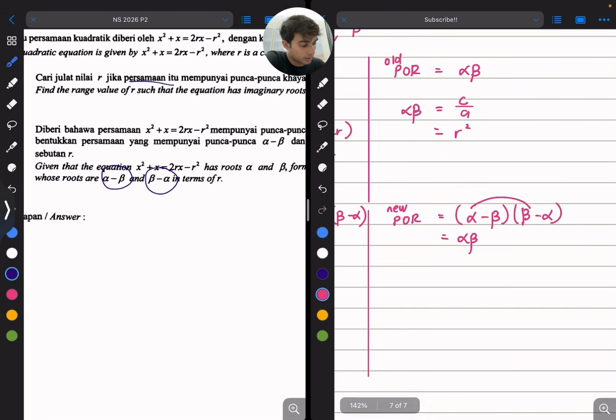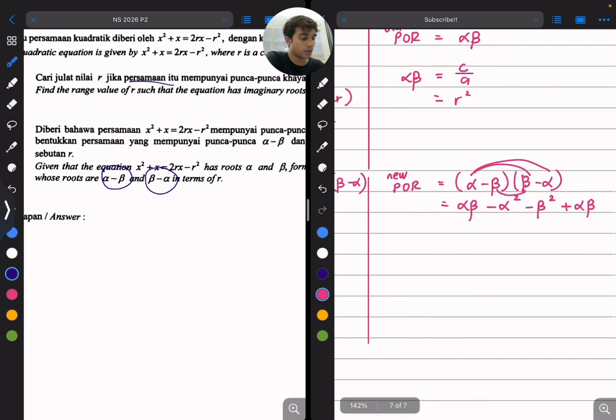Alpha beta minus alpha square minus beta square plus alpha beta. So alpha beta plus alpha beta is 2 alpha beta. This one both also has negative, so we factor out the negative.